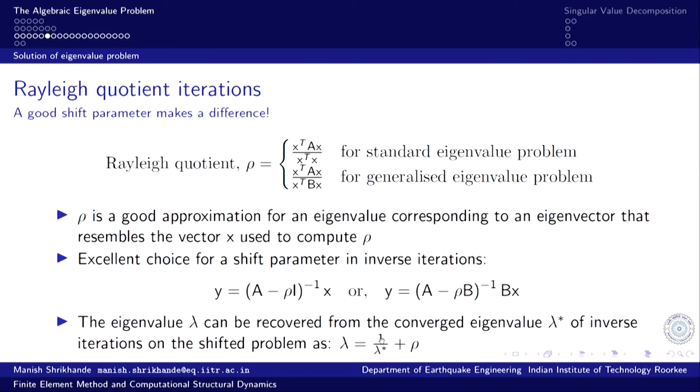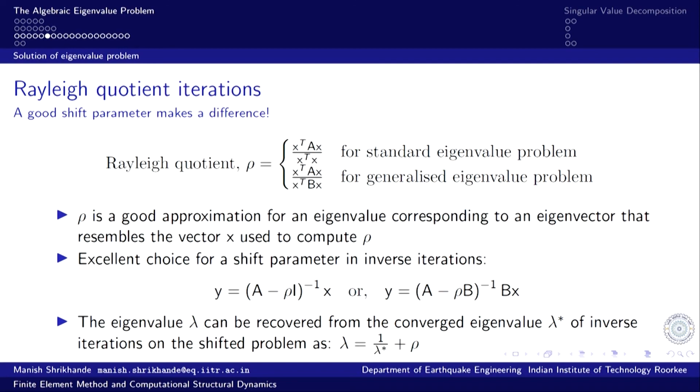So, it can be done for direct iterations and for the standard eigenvalue problem as well as the generalized eigenvalue problem. It only requires different right hand side vectors to be solved for. So, eigenvalue lambda can be recovered from the converged eigenvalue lambda star of inverse iterations on the shifted problem as lambda is equal to 1 over lambda star plus rho.